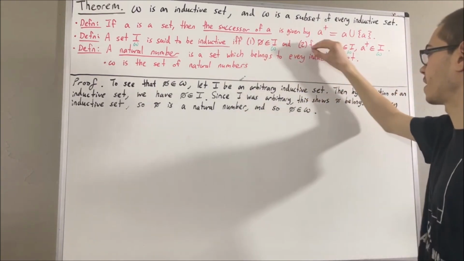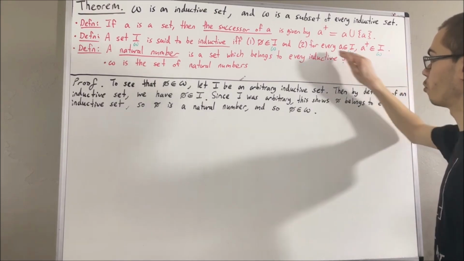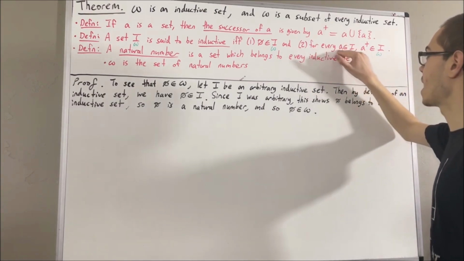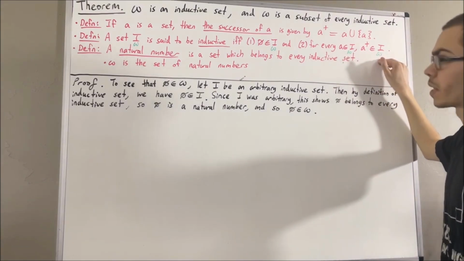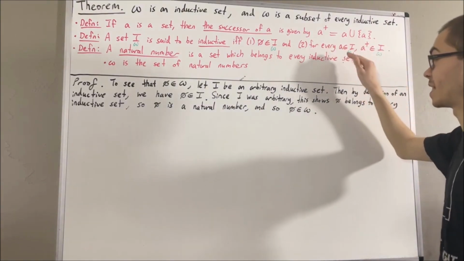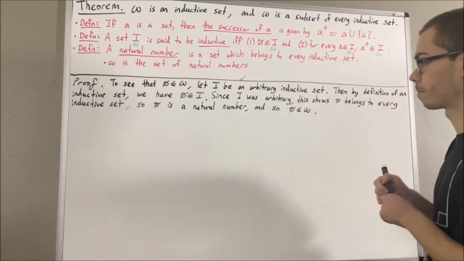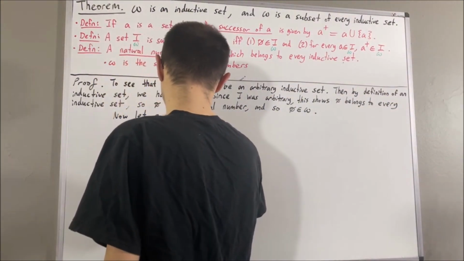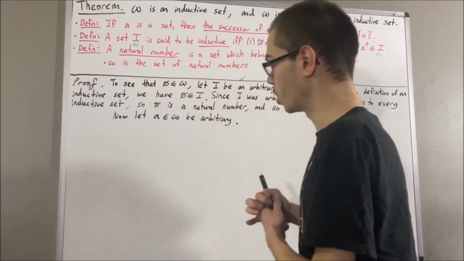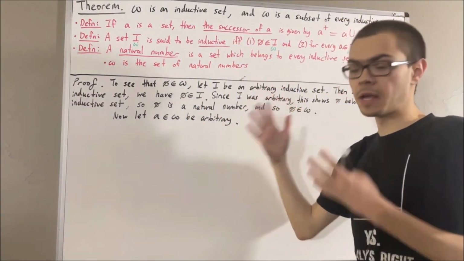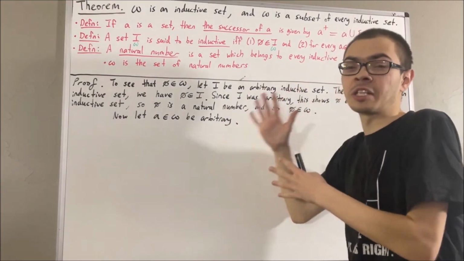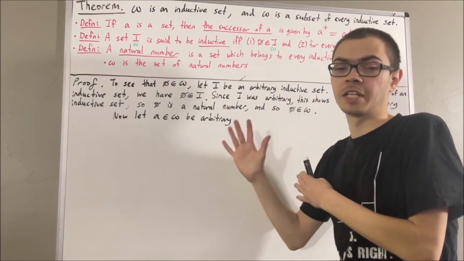Now we want to verify that the second condition is true. So we want to prove for every set A in omega, the successor of A also belongs to omega. So to prove that, let's give ourselves an arbitrary set A in omega. From here, the whole goal is to show that the successor of A belongs to omega. In other words, it suffices to show that the successor of A belongs to every inductive set.